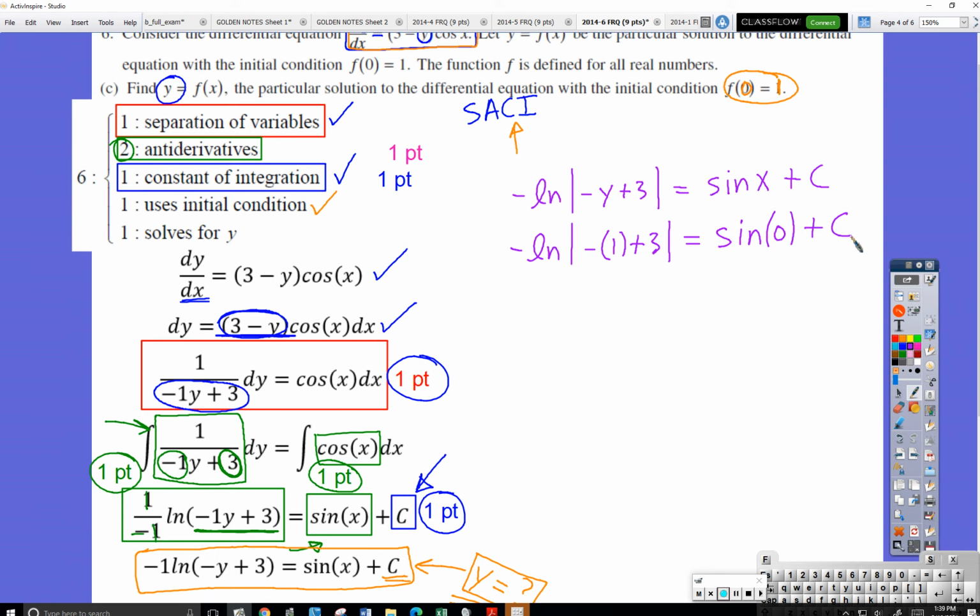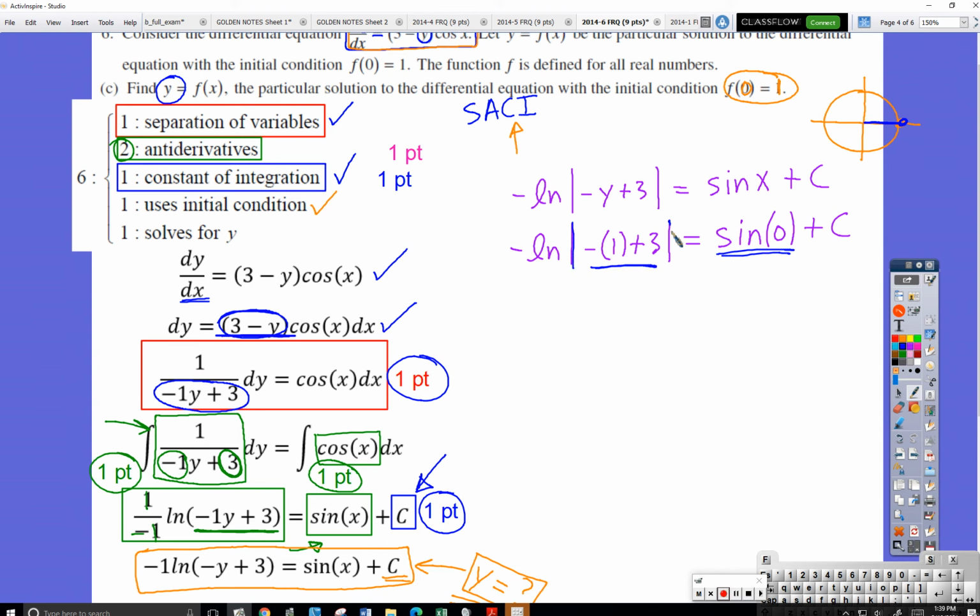I remember my watch. So I look at my watch. Here's angle 0. Cosine is the across. Sine is the up and down. So at angle 0, I'm not going up and down at all. So sine of 0 is 0. This would be positive 2.